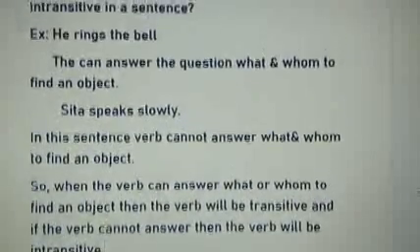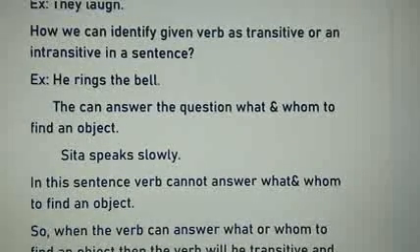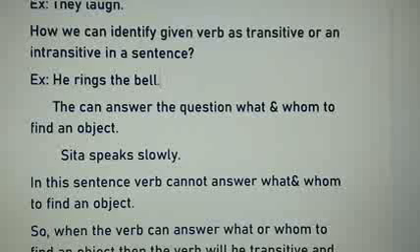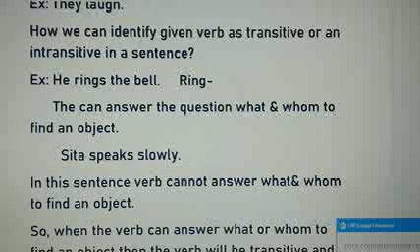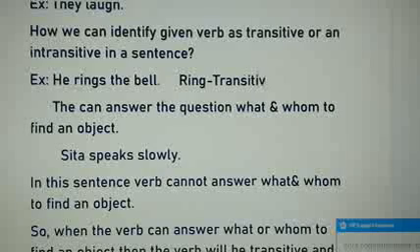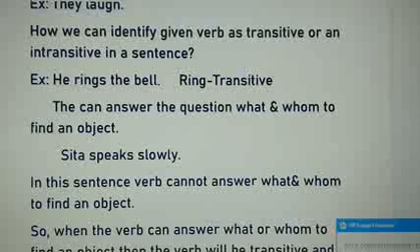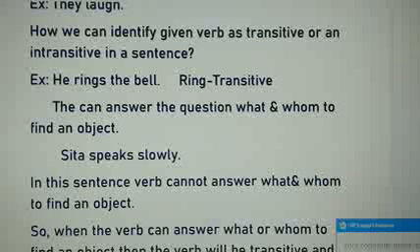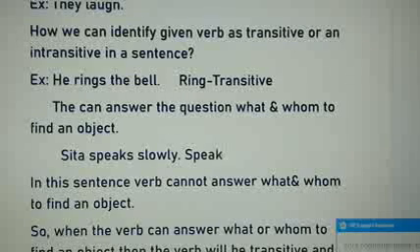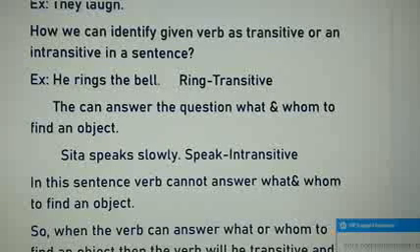So, my dear children, in these examples, he rings the bell, the verb ring is transitive, and in Sita speaks slowly, there is no object available, so the verb speak is intransitive, right?